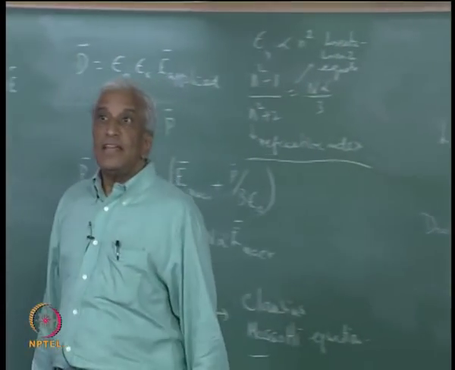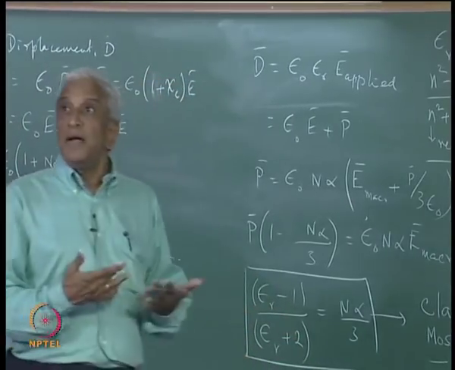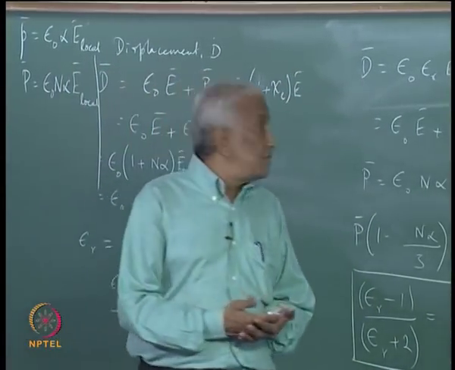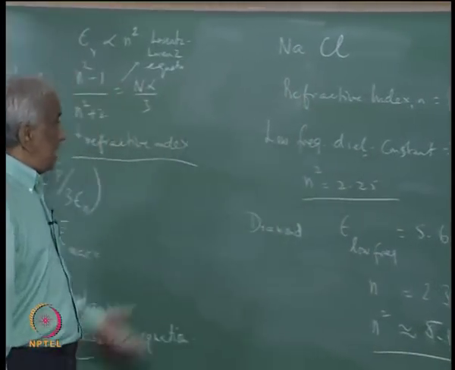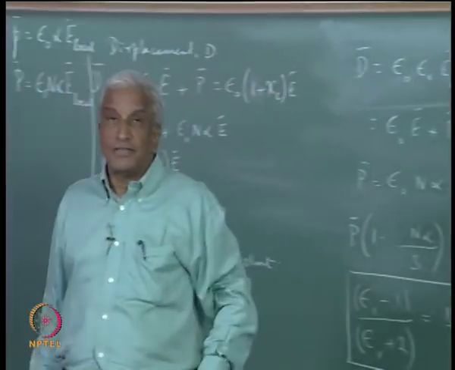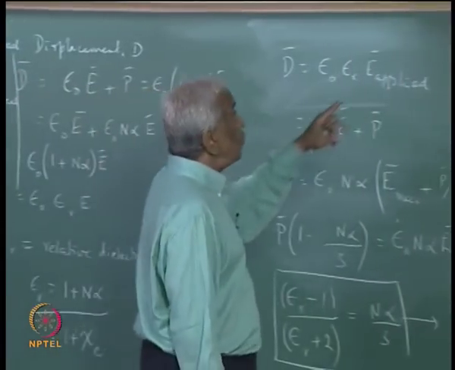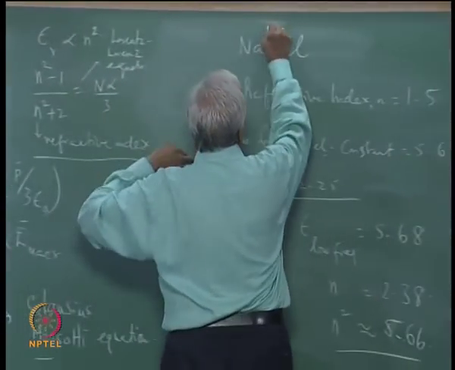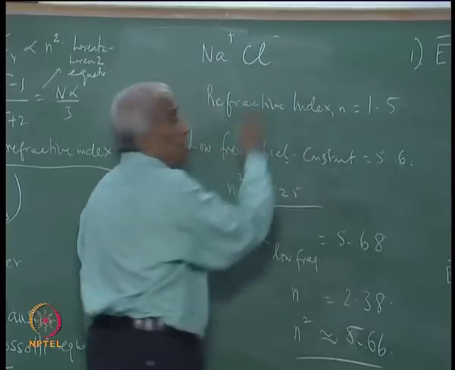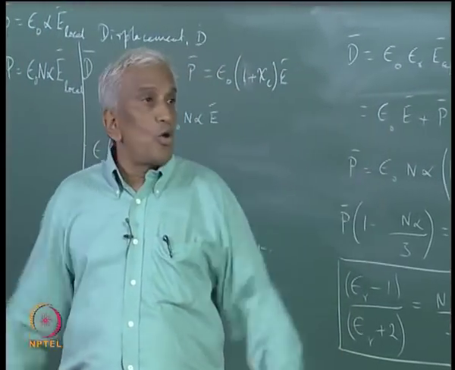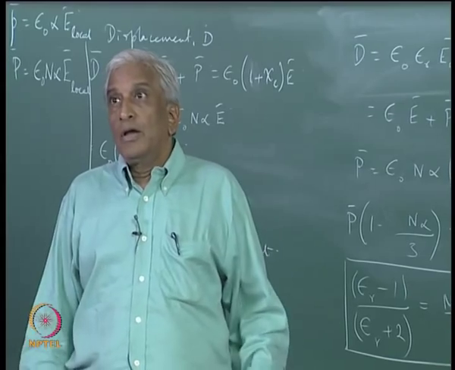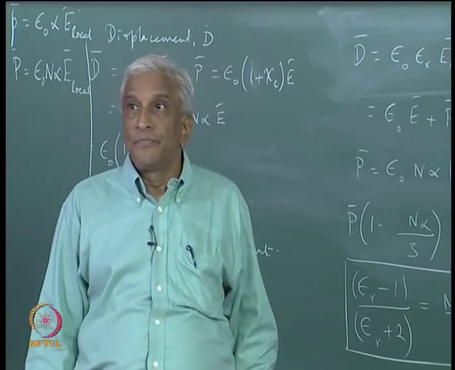So, you can see that in the case of diamond, the polarization mechanism is entirely electronic. The electrons contribute to the polarization, whereas in the case of sodium chloride, you have sodium ions and chlorine ions alternately occupying a cubic lattice.